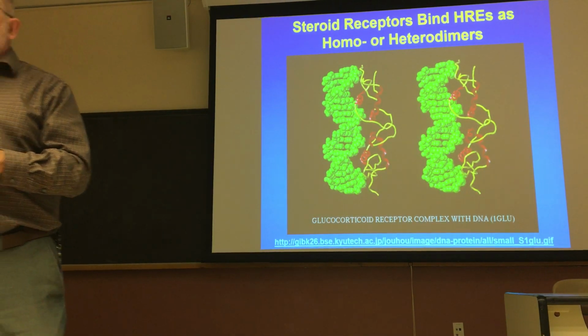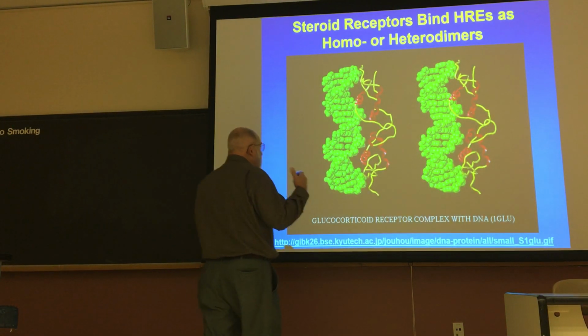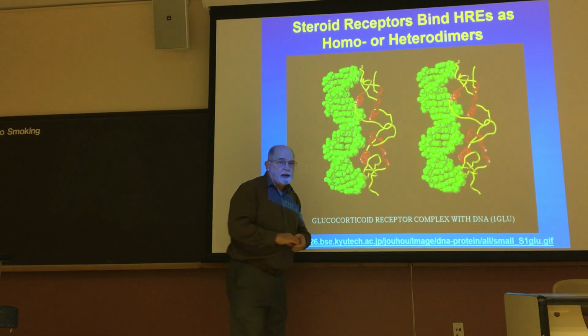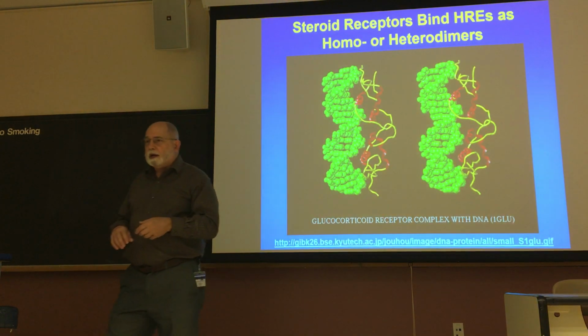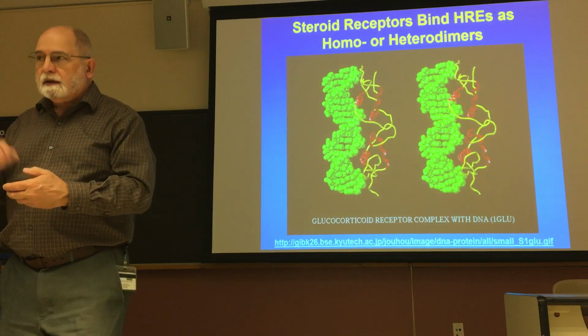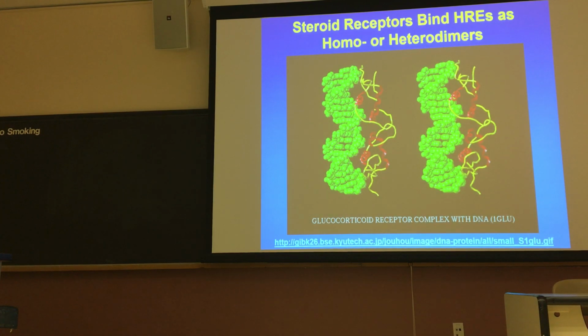So you can get heterodimeric nuclear receptor binding to sites on DNA so that they only turn on in the presence, in that case, of glucocorticoids and vitamin A. Vitamin D also has a receptor like this.